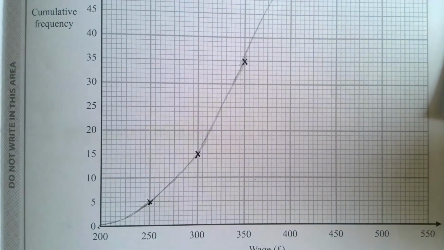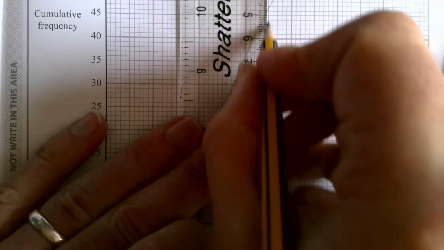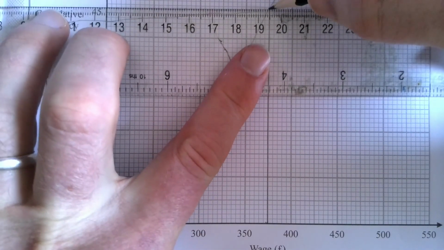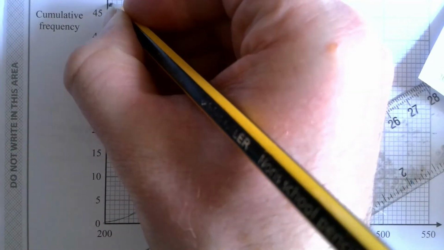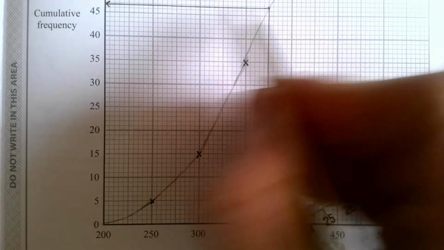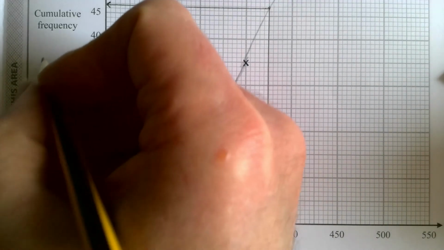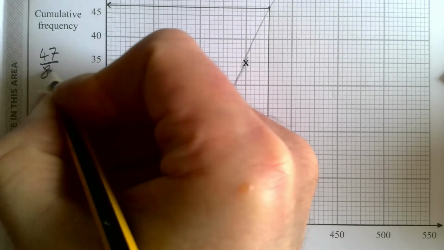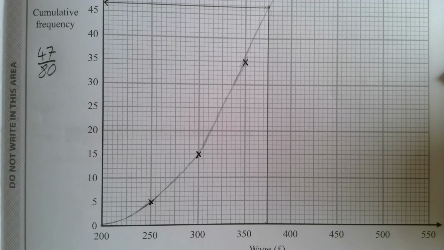So if we go to 360 and draw up until we hit the line and then go straight across, this is part of showing how we get there. That looks to me like, actually it could be 47 if I go to there. So 47 out of 80, and what I've got to do is work out what 60% of 80 would be.